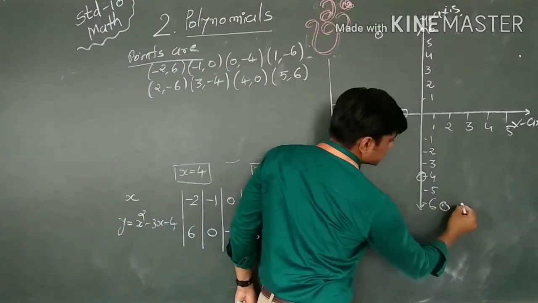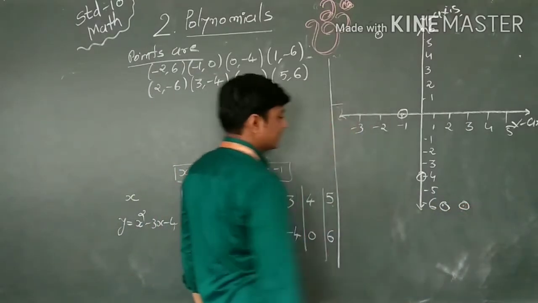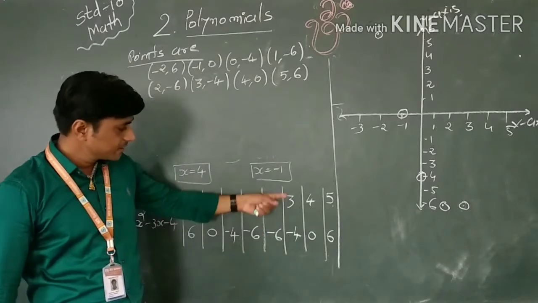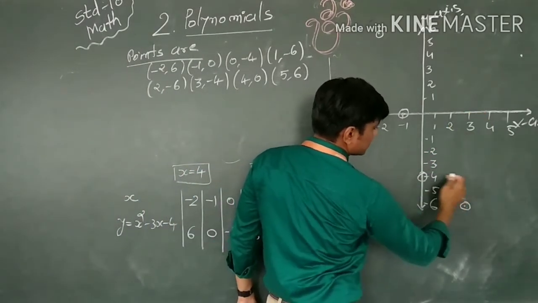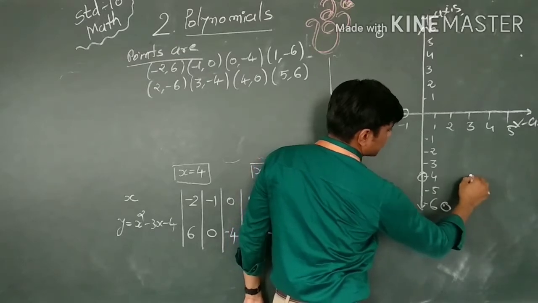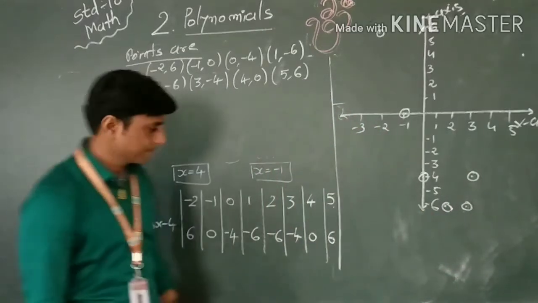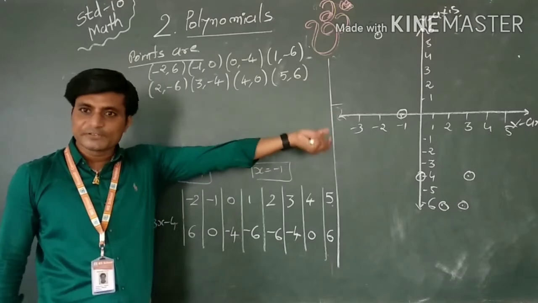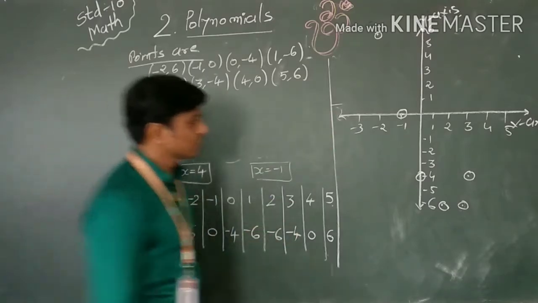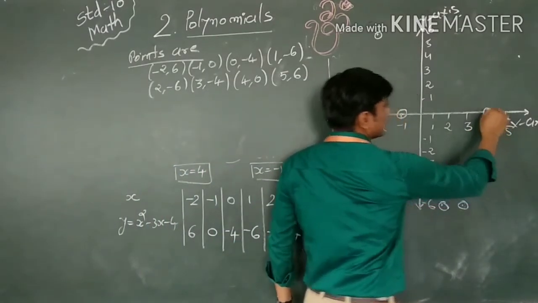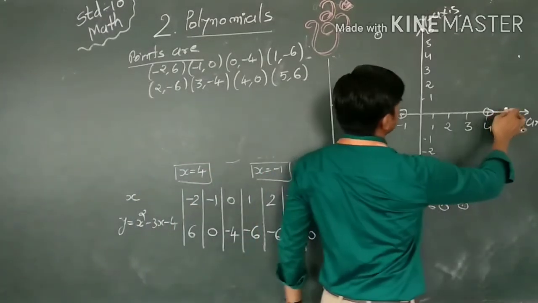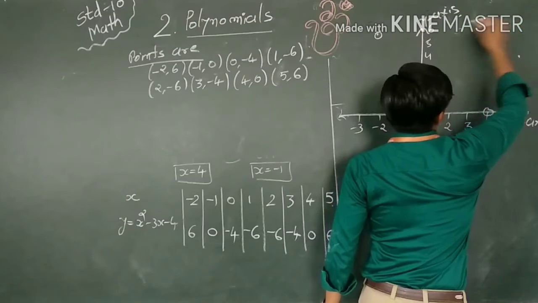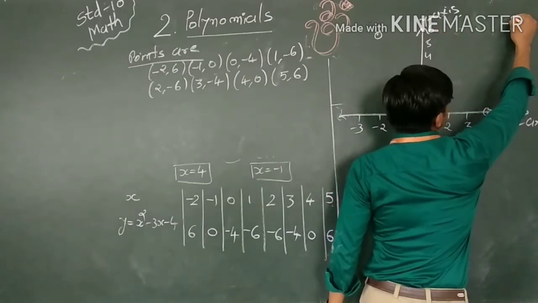In a similar way (3, -4), like suppose here. This is only a rough sketch. Then (4, 0). And last we have (5, 6).